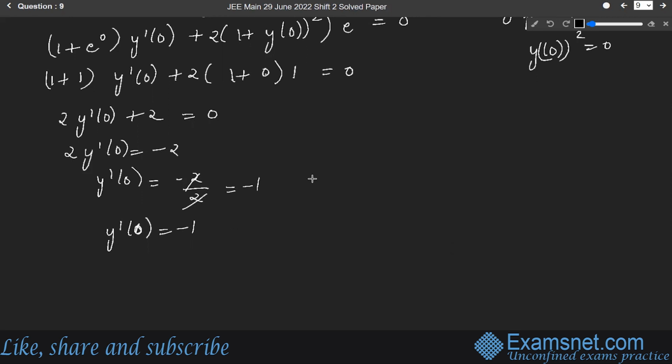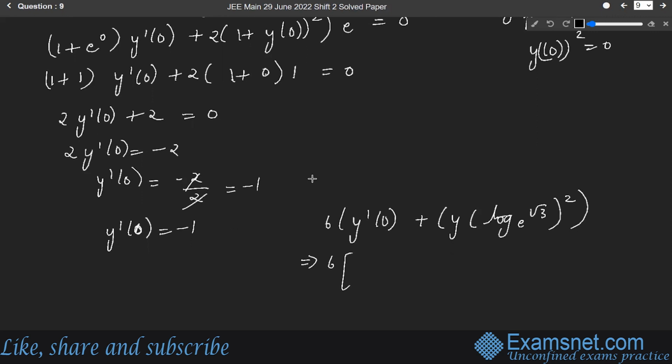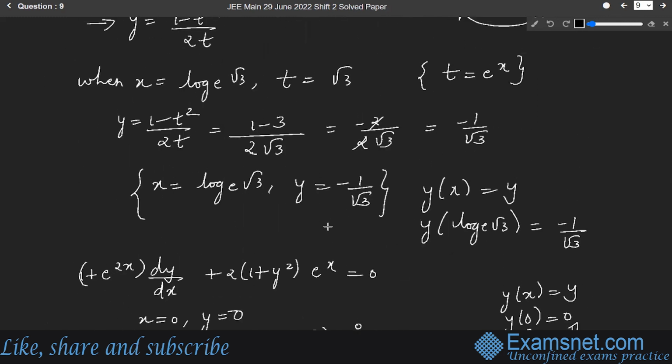Now at last we have to find the value of 6 into y dash 0 plus y of log base e root 3 whole square, right? We have both the values. So let us substitute the value: 6 into y dash 0. What is y dash 0? Minus 1, plus y of log base e root 3. What is the value of y of log base e root 3?